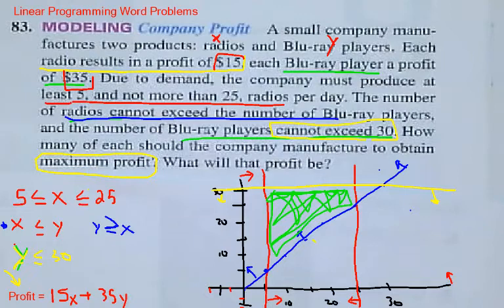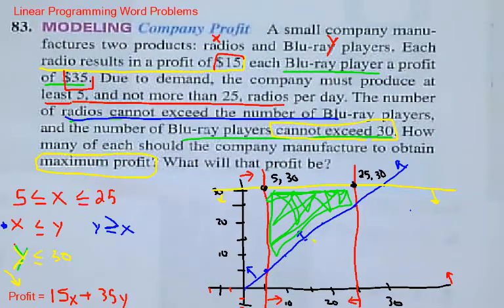This corner is very easy to find because what's the red line? The red line is 5. What's the yellow line? The yellow line is 30. That was (5, 30). That was easy, huh? Here, the other red line is 25, and 30. So that's this dot.